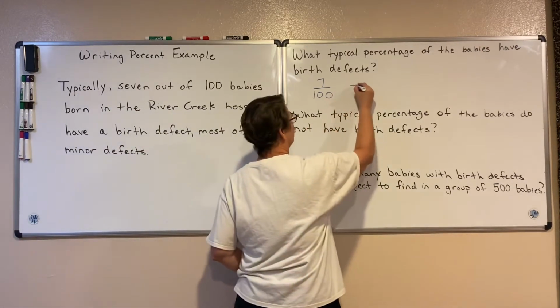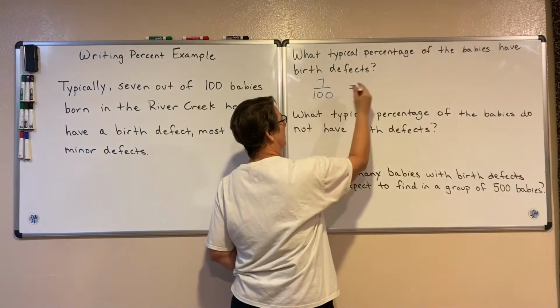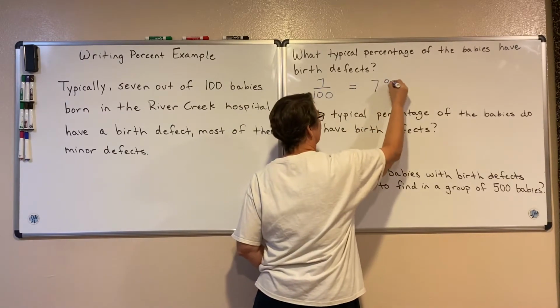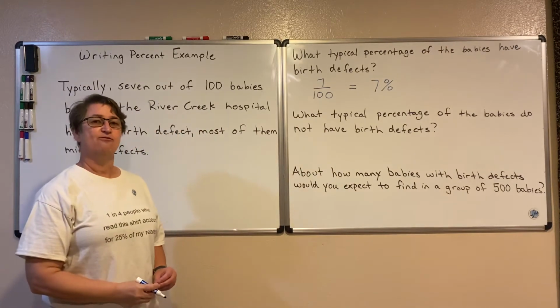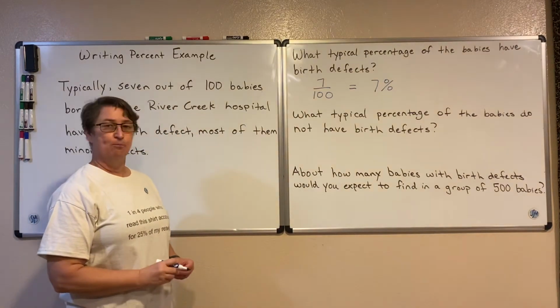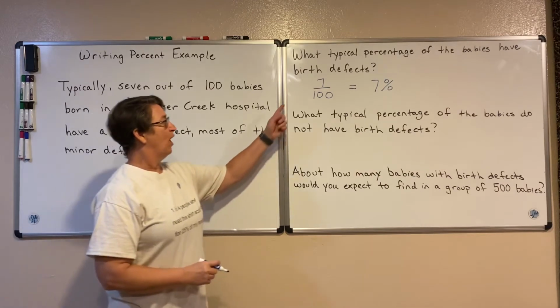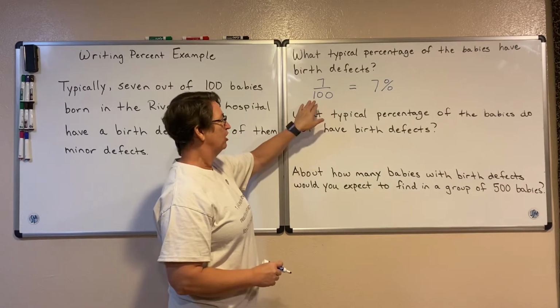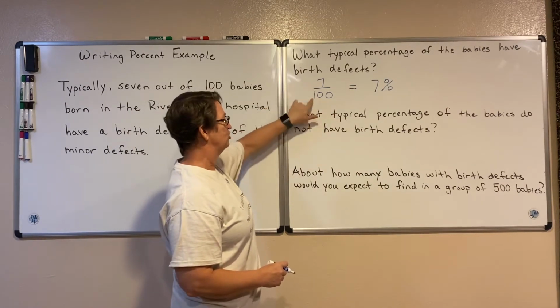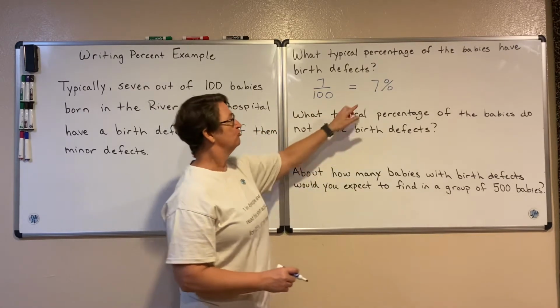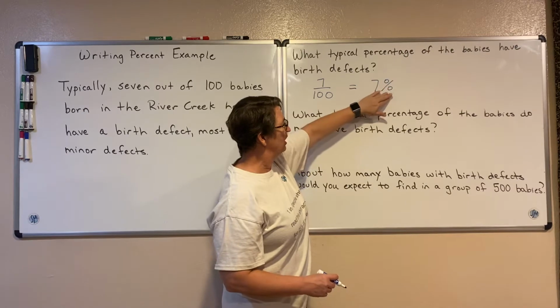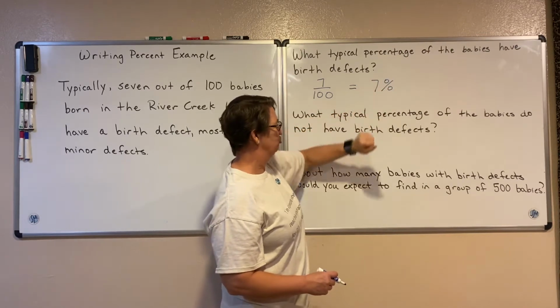So we could write that as a percent, just take your 100 denominator and turn it into your percent sign. So 7% of the babies have a birth defect. So out of 100, that's all a percent is, it's just a fraction that is out of 100 with 100 in your denominator. So this percent sign really means out of 100.